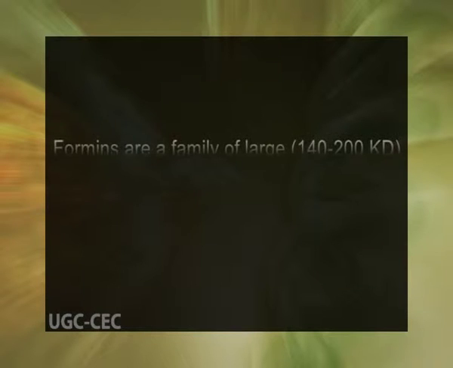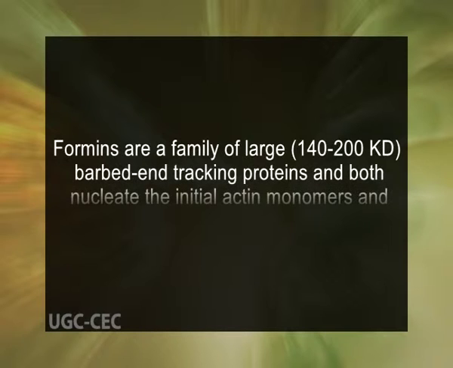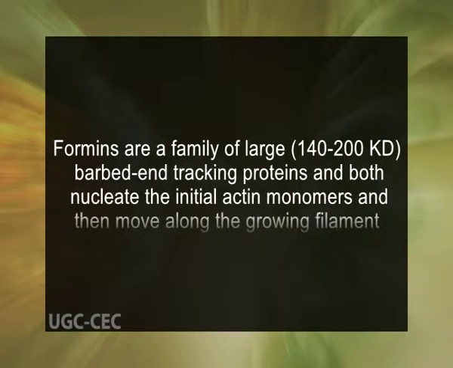Formins are a family of large 140 to 200 kilodalton barbed end tracking proteins, and both nucleate the initial actin monomers and then move along the growing filament, adding new monomers to the barbed end that make up stress fibers and the thin filaments of muscle cells.